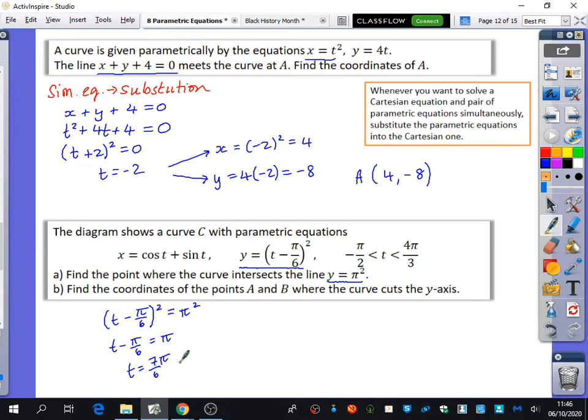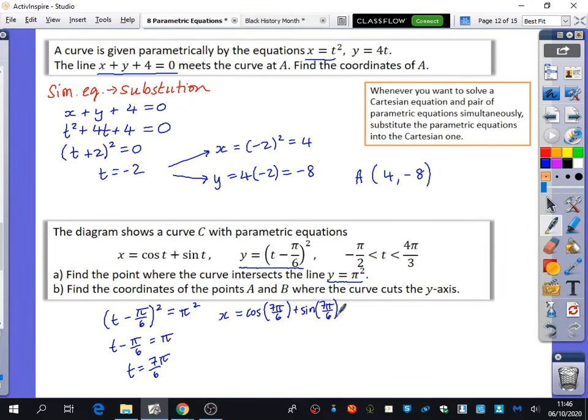Now, I need to find the point where the curve intersects the line y equals pi squared. So I need to find out what the x coordinate is. So I need to find cos of 7 pi over 6 plus sine of 7 pi over 6.